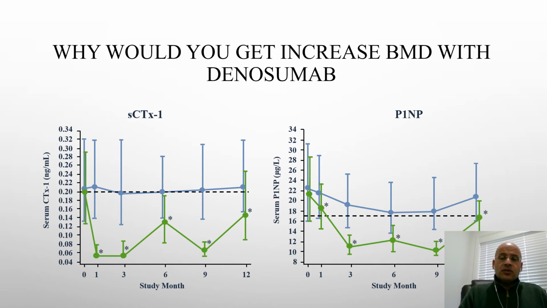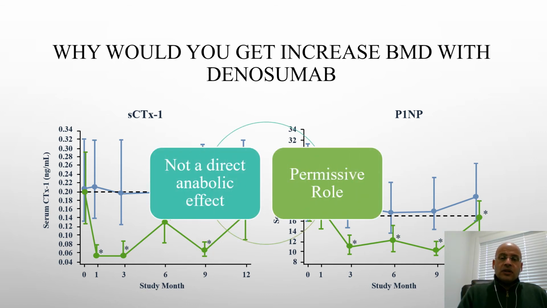So there is a window of opportunity to build up bone when this rebound phenomenon happens. So there is no direct anabolic effect, but perhaps it's a permissive role through these windows of rebound in the bone turnover markers.